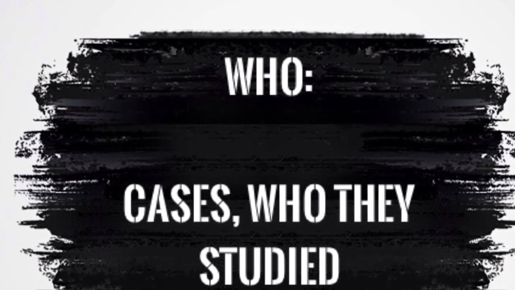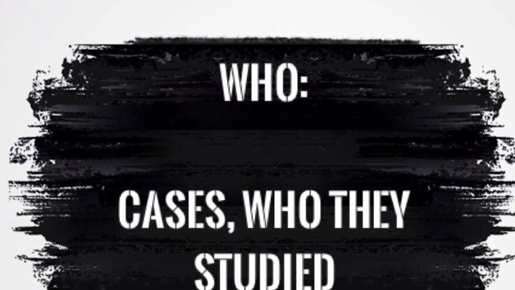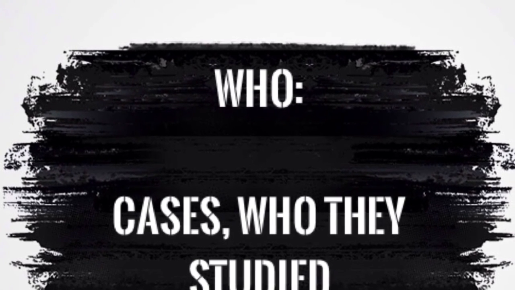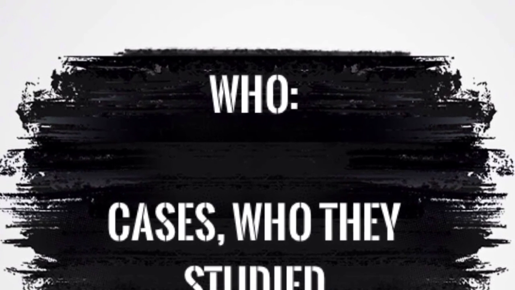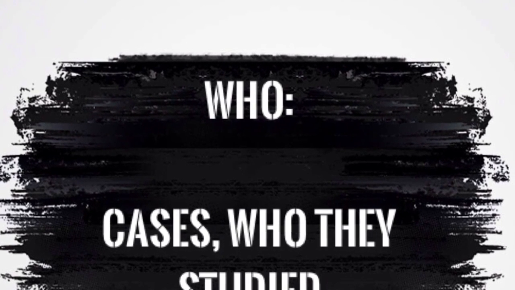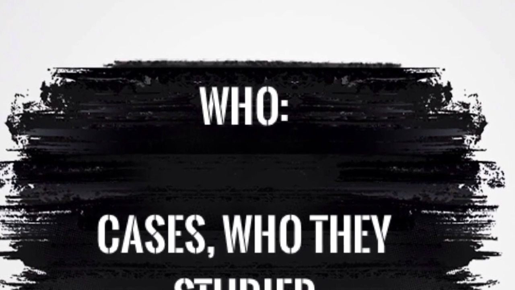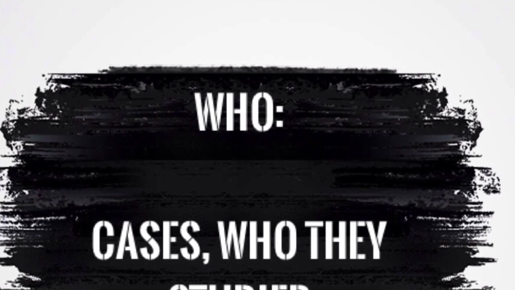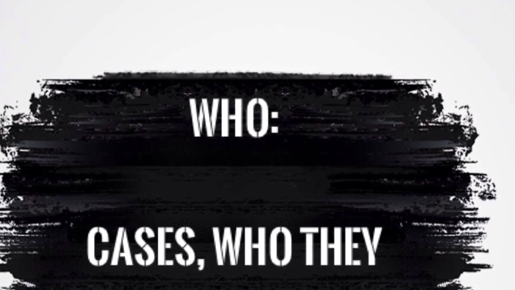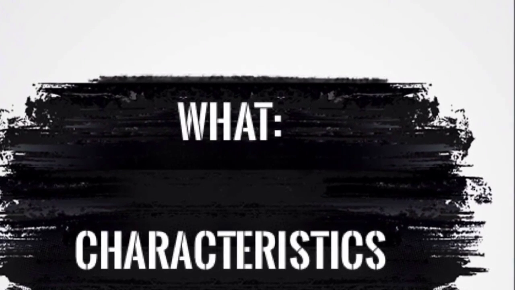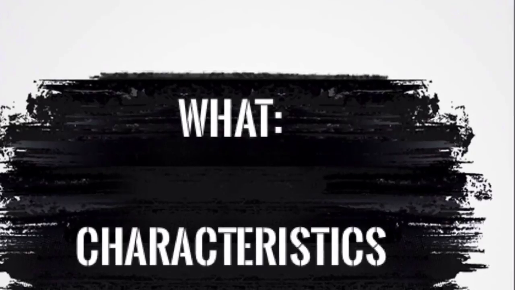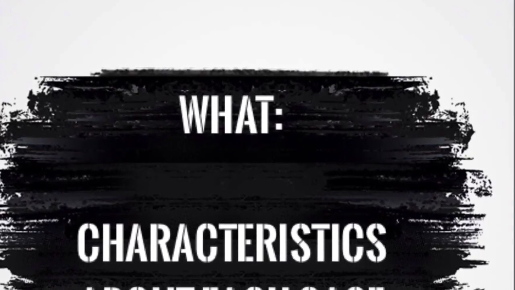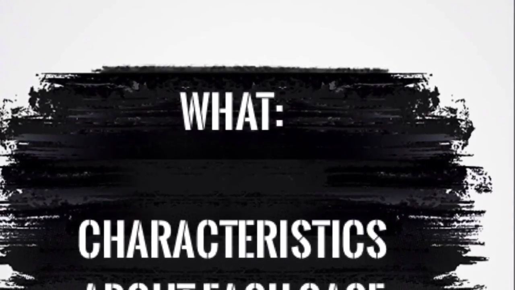So remember, the who are the cases, and that's who they studied. The who can be respondents if it's for a survey, subjects if it's people for an experiment, and then experimental units if it's animals or plants, etc., for an experiment. All right, last thing we need to talk about is the what, and just remember the what are the characteristics about each case.